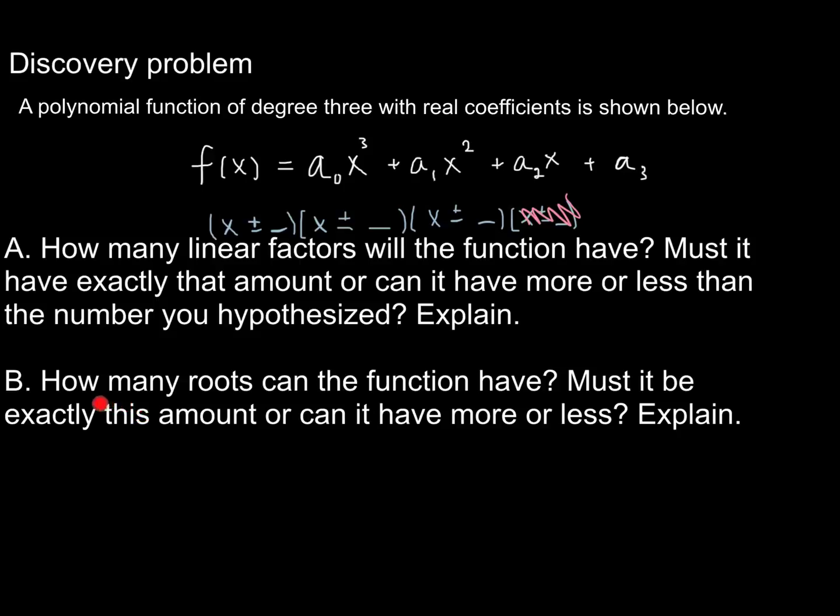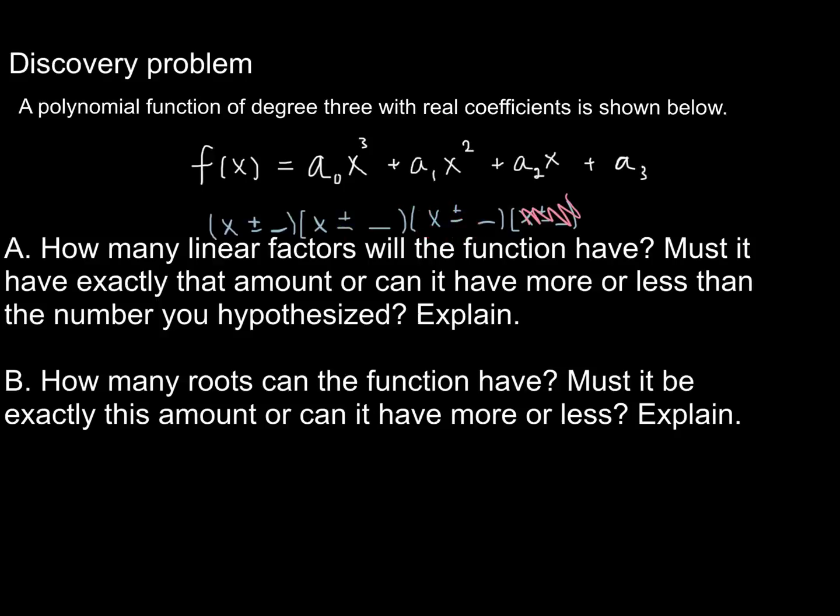So for part B, how many roots can the function have? We can look back to our linear factors. We know it has to have exactly 3. And we know that a root is an x value that makes the function 0. Well, if these are all linear factors, there's only one value that can make each of them 0. So there's one thing that makes this 0, one x value that makes this 0, and one x value that makes this 0.